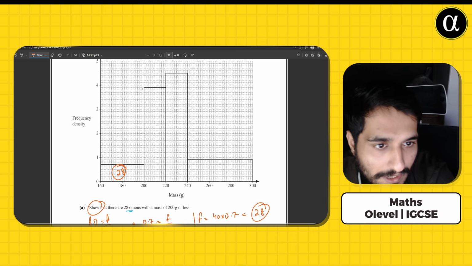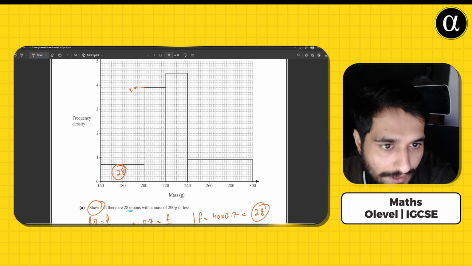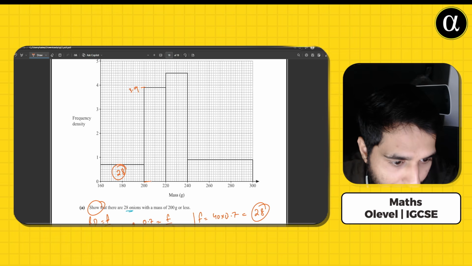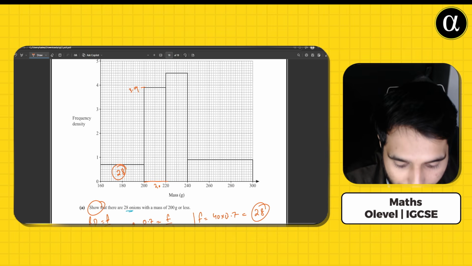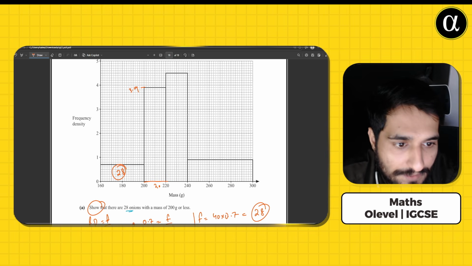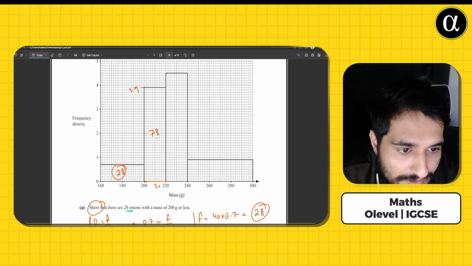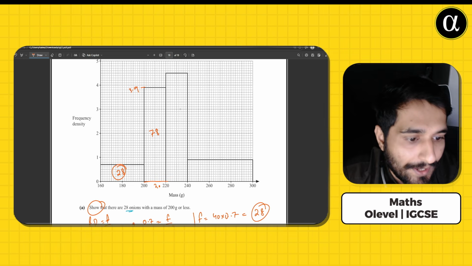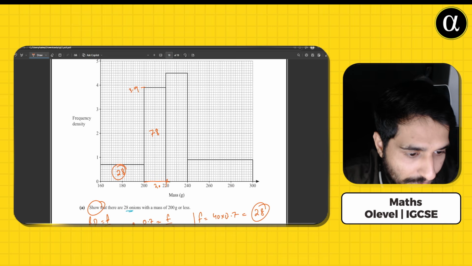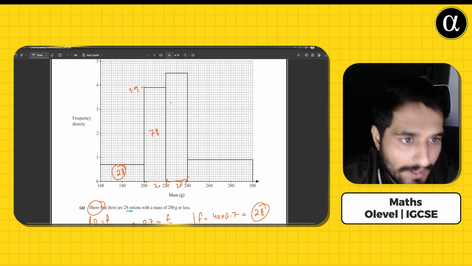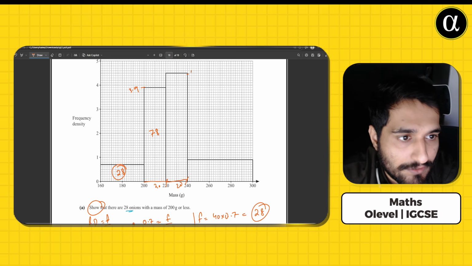So we will multiply 3.9 times 20, actually 200 to 220. So this would be 3.9 times 20, the class width, which will turn out to be 78. The frequency for this case is 78. And then for this case the class width is 20 as well, and the frequency density is 4.5.